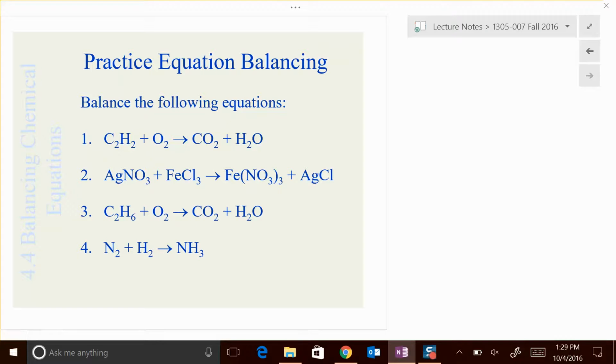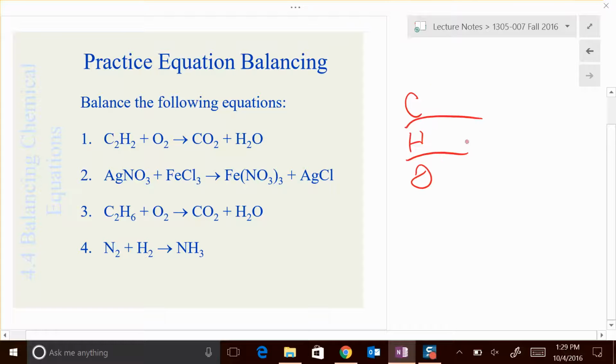So we have C2. Now, when you balance, this is what I recommend. Okay? You make a list. So for number 1, let's make our list. We have carbon, hydrogen, and oxygen. You have a reactant side and a product side. The number of carbons on the reactant side are 2.